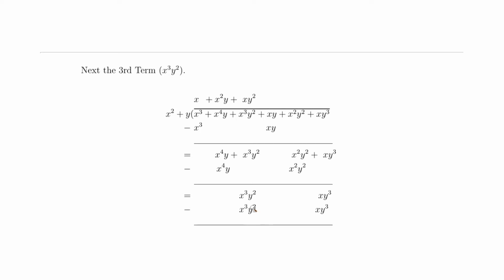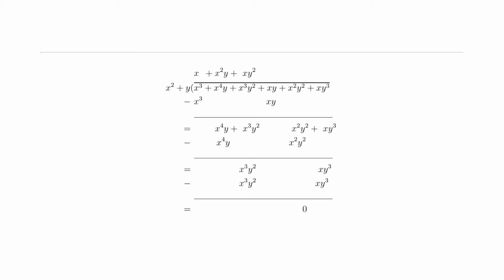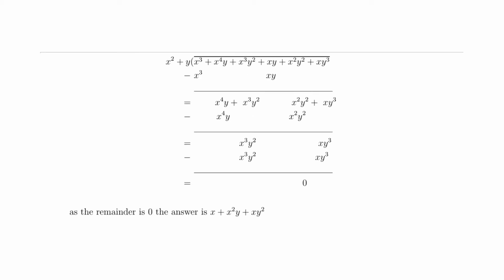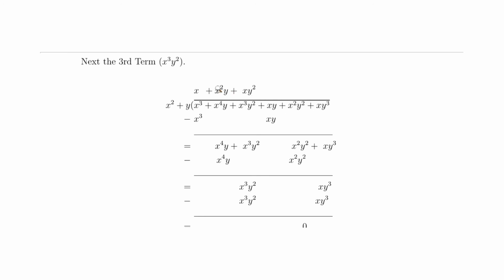So we're going to subtract that from our original calculation, x cubed y squared, and then the xy squared multiplied by y gives us xy cubed, and then that one there can go with that term there. So then we subtract this from this and this from this, and we end up with 0. So our remainder is 0. So a remainder of 0 means we can go straight to the answer, because as the remainder is 0, the answer is x plus x squared y plus xy squared, which is what we calculated here.